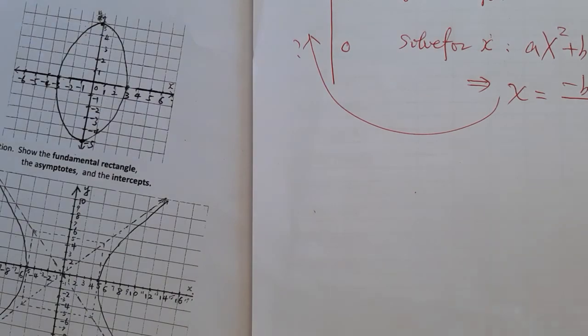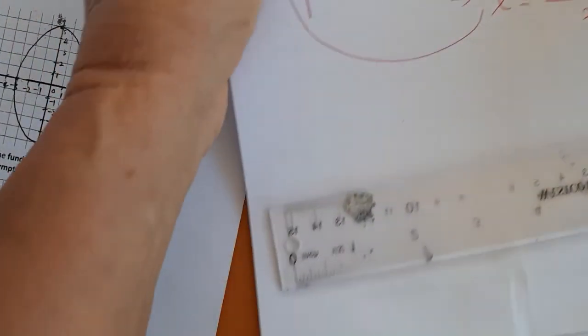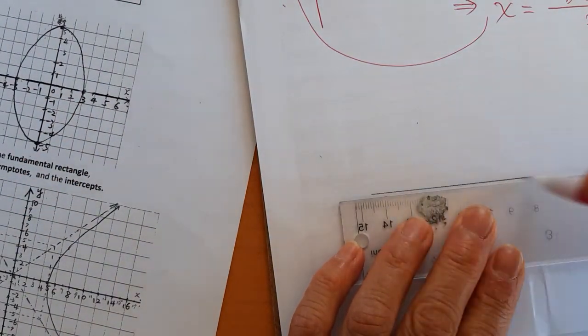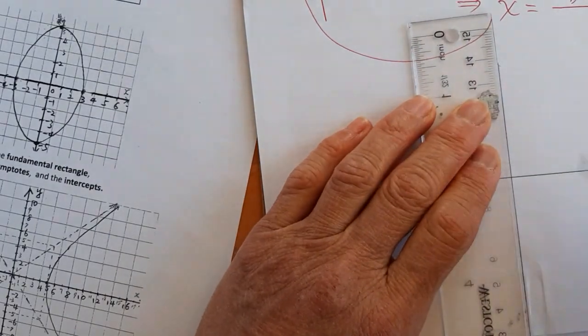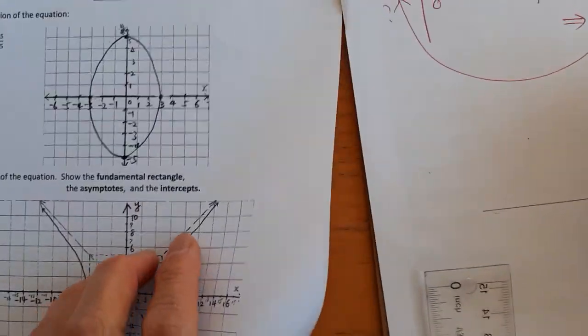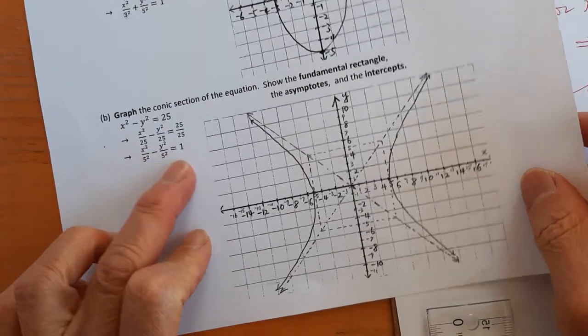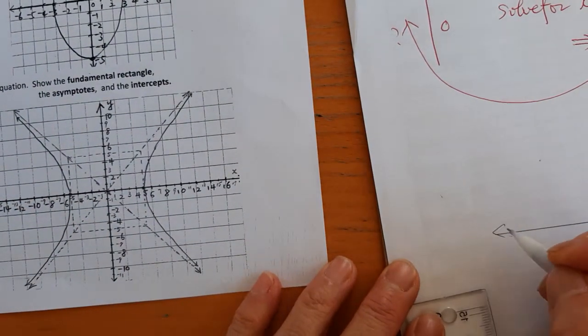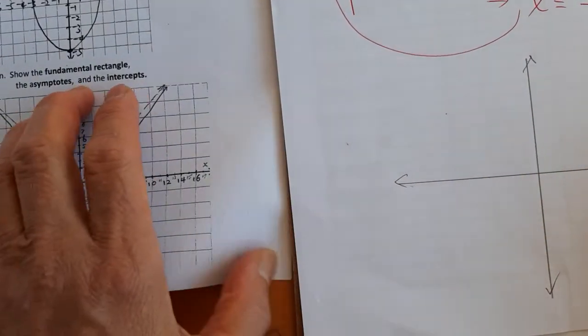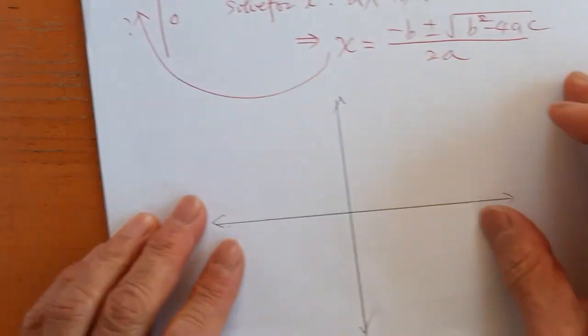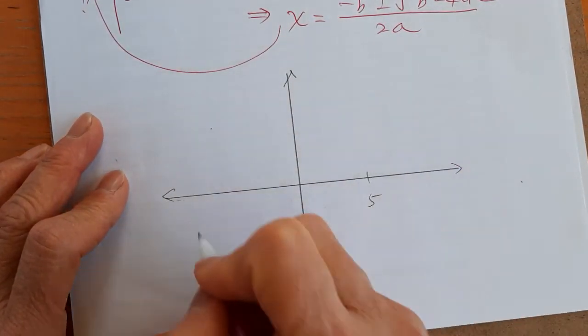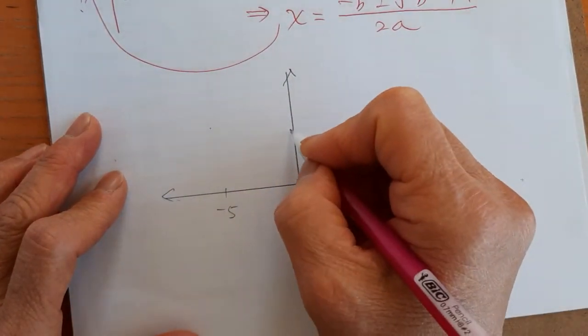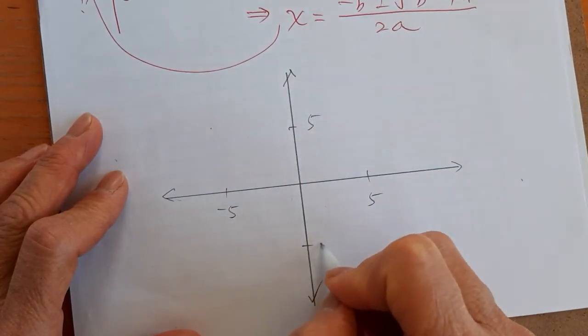First of all, since it is 5, 5, on the x-axis 5 and negative 5, on the y-axis 5 and negative 5.